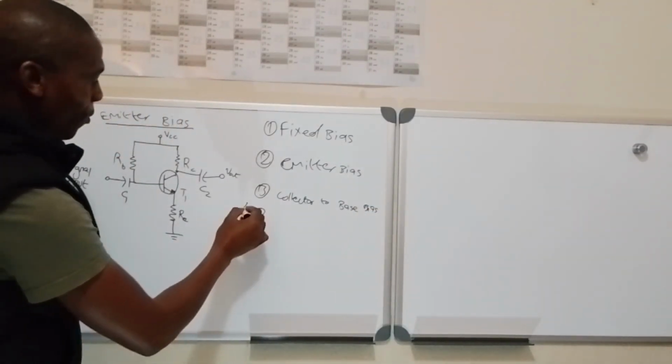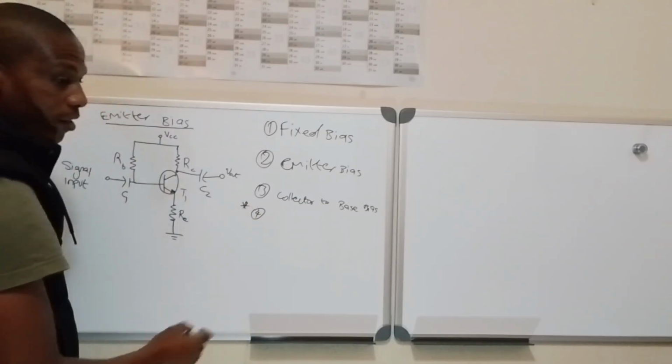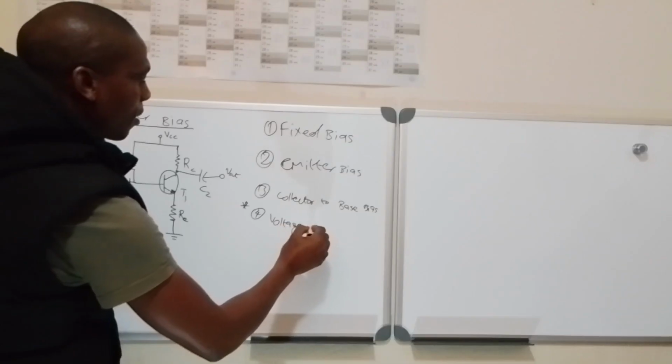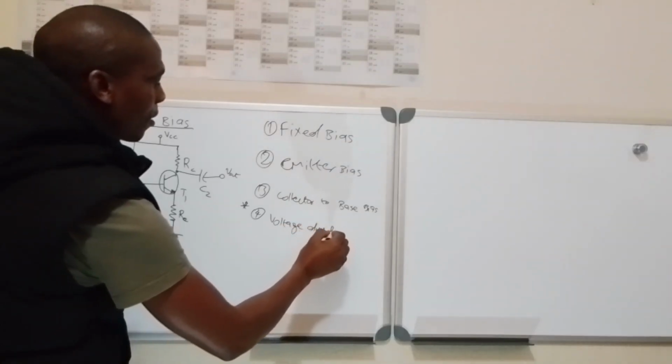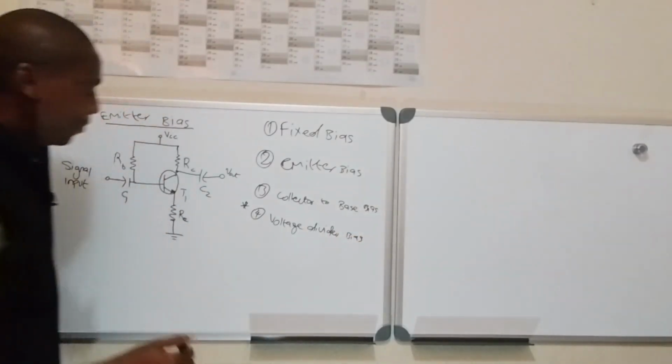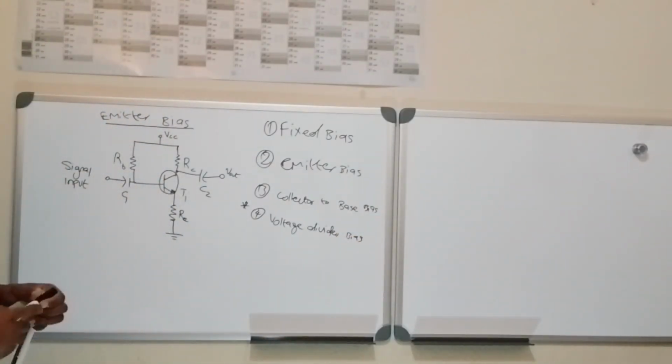And the fourth one, that's the one that you'll focus on in this course. We call it a voltage divider bias. Let me show you the last configuration.